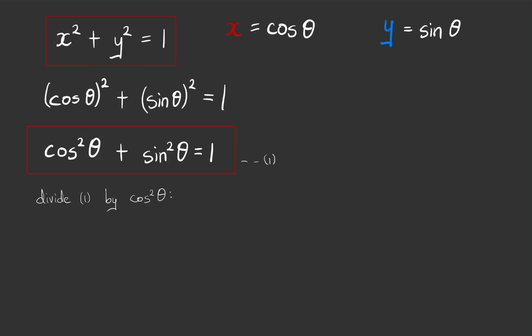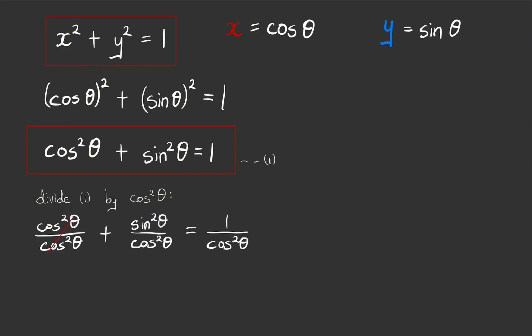That means I will be having cosine squared theta divided by cosine squared theta plus sine squared theta divided by cosine squared theta equals 1 divided by cosine squared theta. And when we do the algebra, we will have that this cancels out, becomes 1.